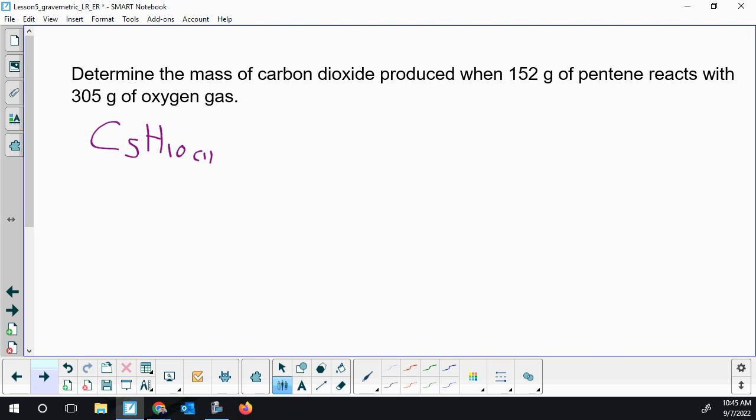You're going to see all that come up in Chem 30. So octene would have 8 carbons, and the hydrogen would be double it. So you should know that CO2 and water vapor are your products.